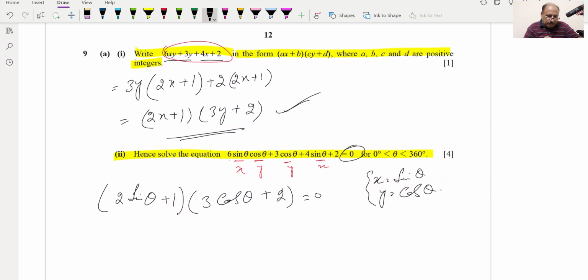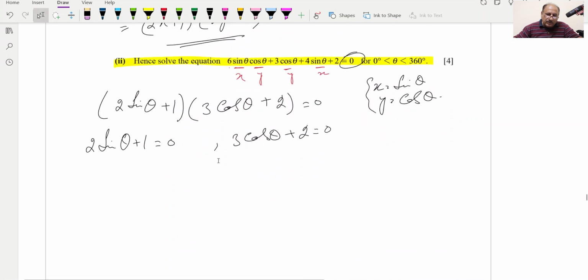So this implies what? We can separately write 2 sine theta plus 1 equal to 0, or 3 cos theta plus 2 is equal to 0. So this implies sine theta is equal to minus 1 by 2 and cos theta is equal to minus 2 over 3.